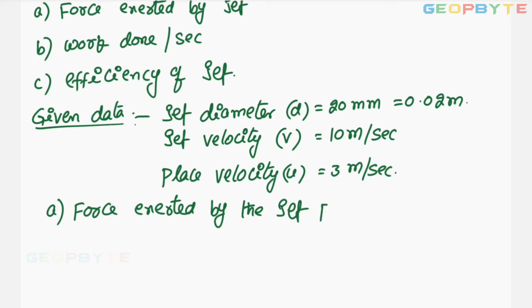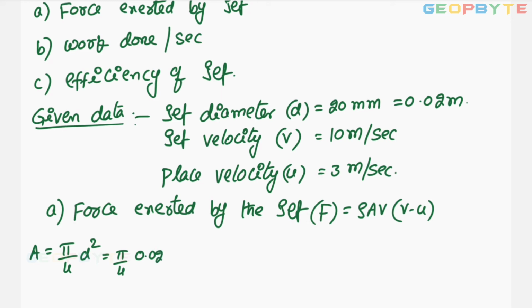Force exerted by the jet F equals rho A V into (V minus U). For this I should find the area. Here area A equals pi by 4 into d square, which is pi by 4 into 0.02 whole square.